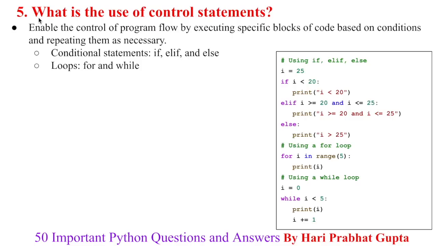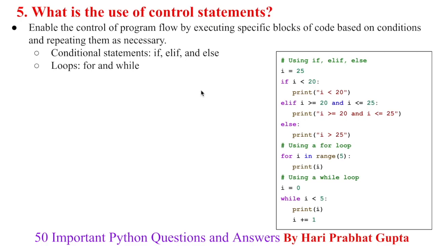So the question is, what is the use of control statements in Python? Control statements such as conditional statements if, else if, else, and loops, for loop, while loop, are used to control the flow of a program by executing specific blocks of code based on a certain condition and repeating them as necessary.